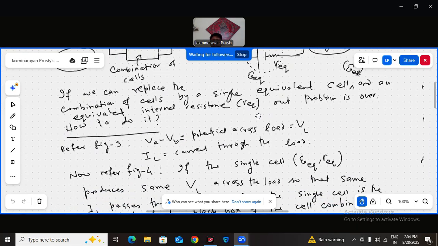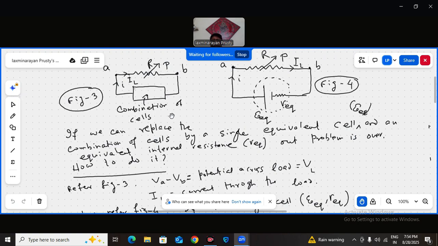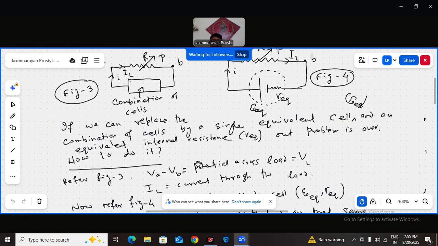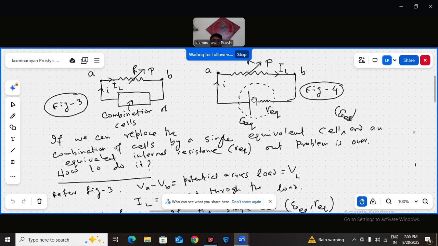How to do this? Let's see figure 3 and this is figure 4. VA minus VB is the potential across the load, that is VL. IL is the current through the load. Now refer to figure 4.